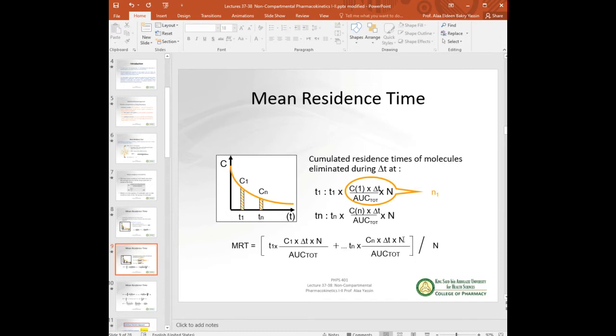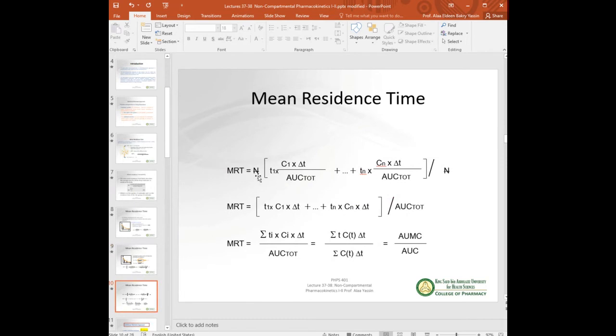So if you take the n as a common from all the numerators and take it outside the brackets, you have n in the denominator, so this can be taken out with this.